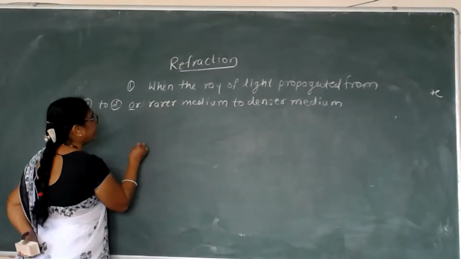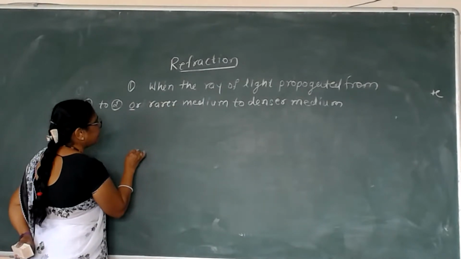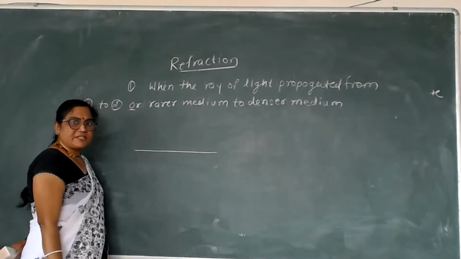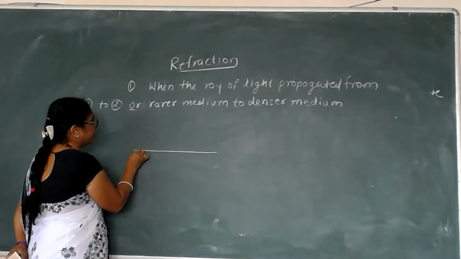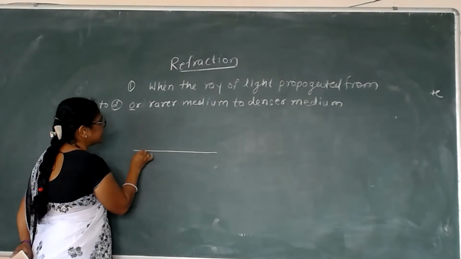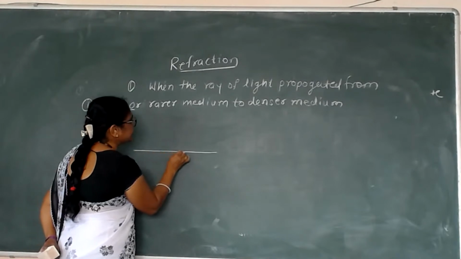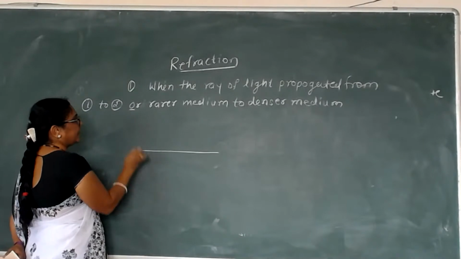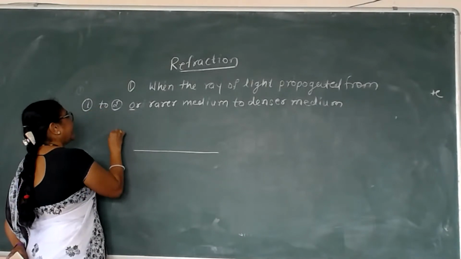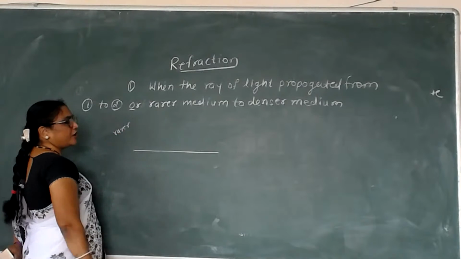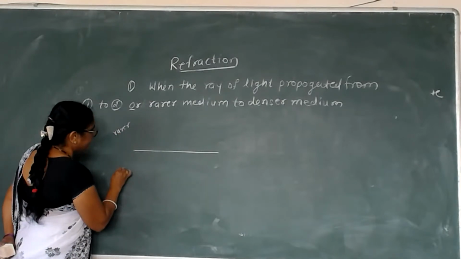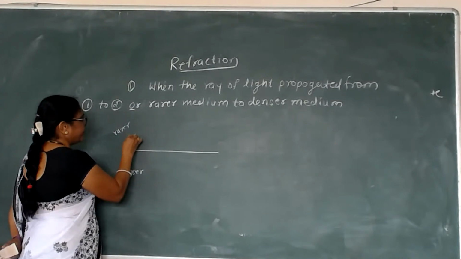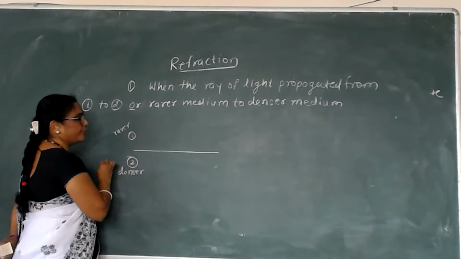Here, when the ray of light propagates, draw a plane surface, which is the interface between the two media. Suppose this is a plane surface, not a polished surface. So when the ray of light passes obliquely, this is the rarer medium, and this is the denser medium. So this is medium one, and this is medium two.